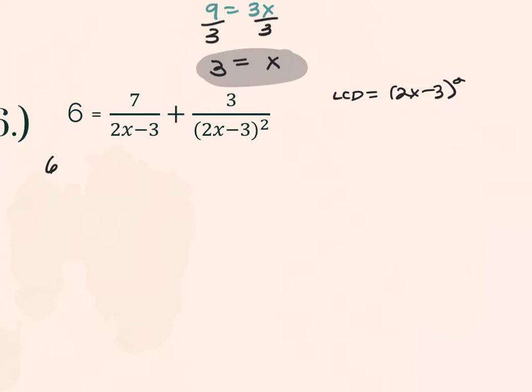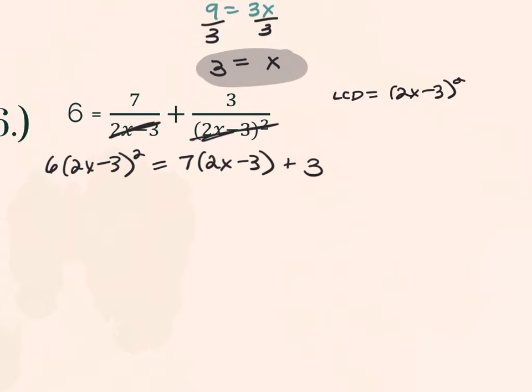So I'd have to multiply 6 times 2x minus 3 squared equals 1. One of the 2x minus 3's would cancel, 7 times 2x minus 3, plus 3, both of them cancel. There we get lucky. Great. Then I would have to FOIL this out. So remember our shortcut for the squares works.